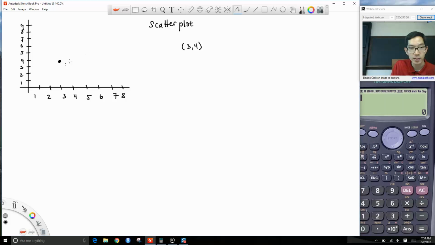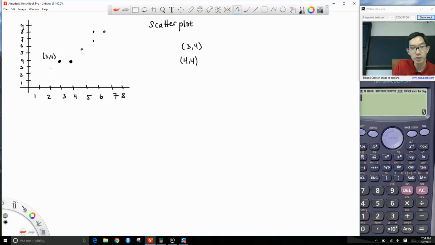Okay, so this is 3, 4, and then maybe you have another one, 4, 4, etc., and then you just plot these other points.